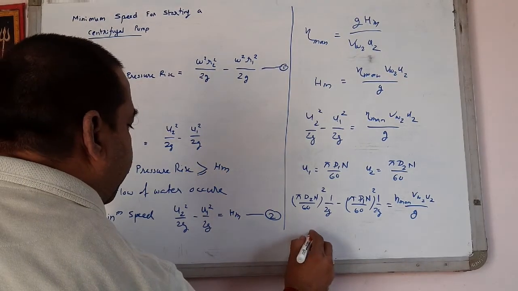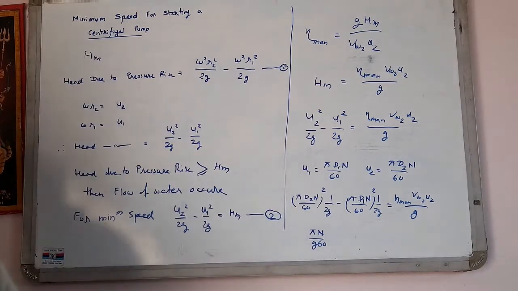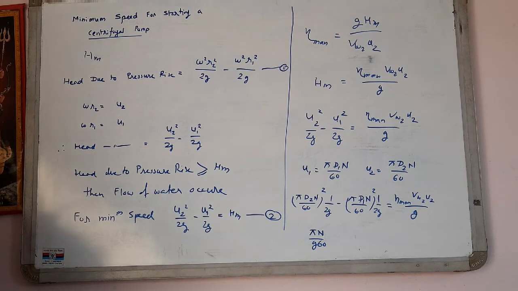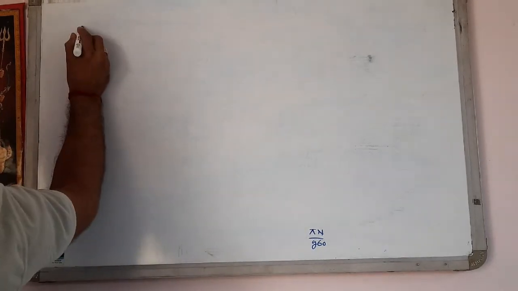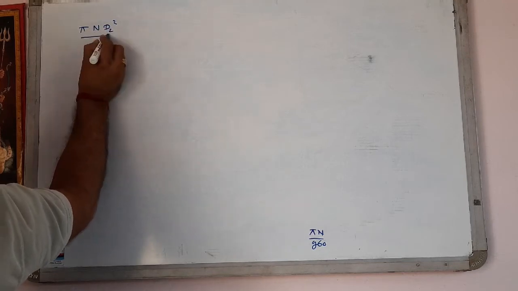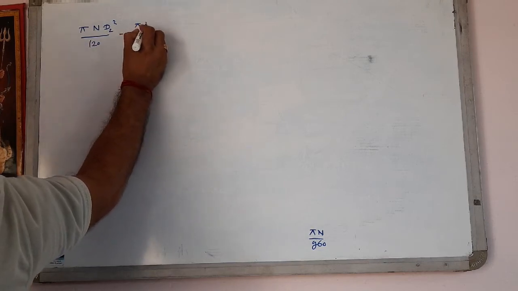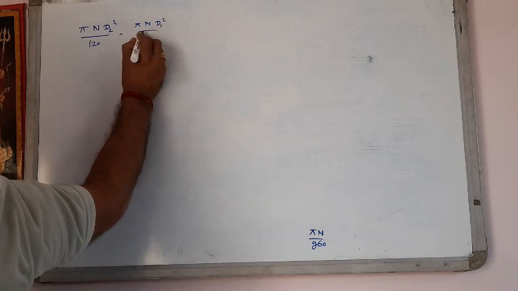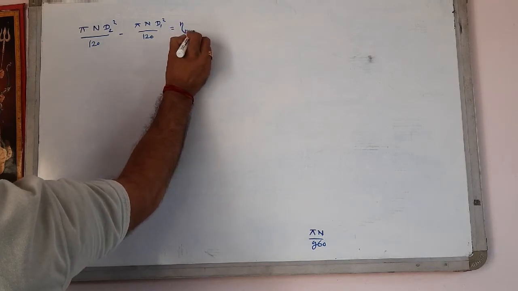So we will get pi N D2 square by 120 minus pi N D1 square by 120 equal to eta manometric VW2 D2.